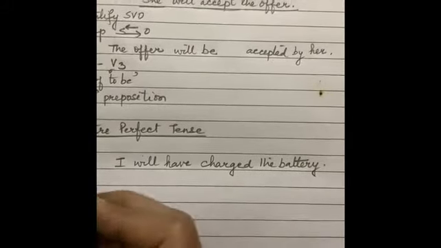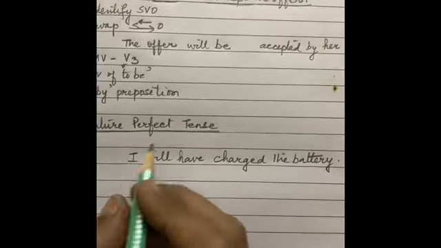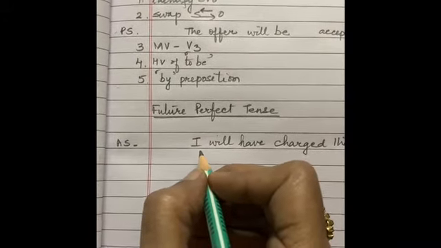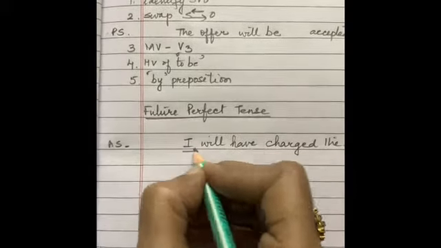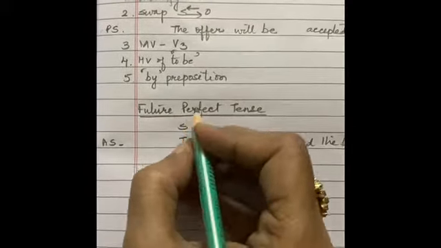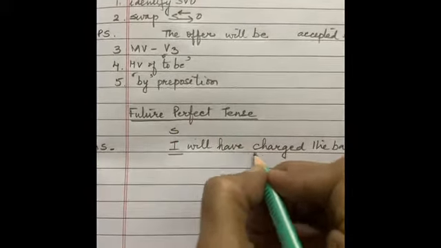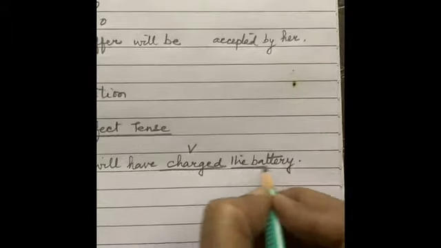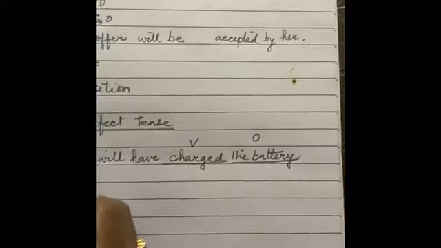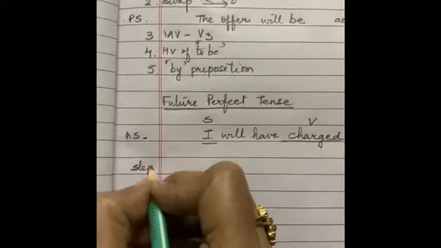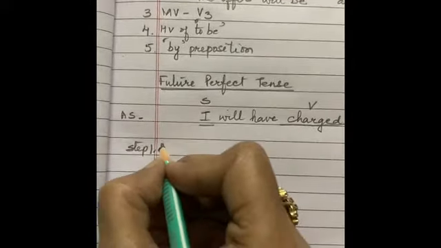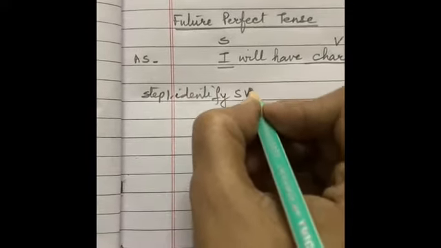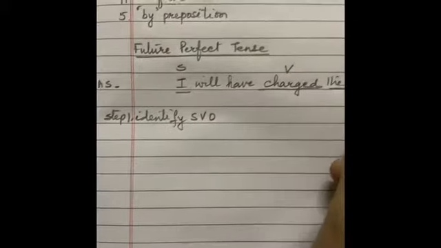So for passive sentence, firstly the subject. I here is the subject. The verb is charged and the object is the battery according to step 1. Clear? Identify SVO, and that has been done.